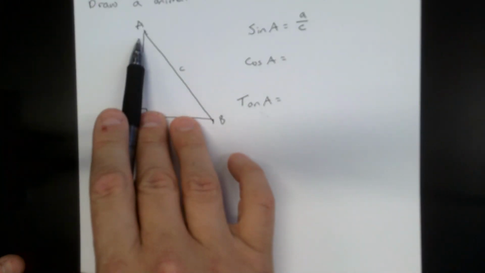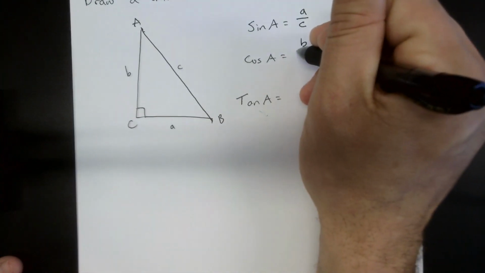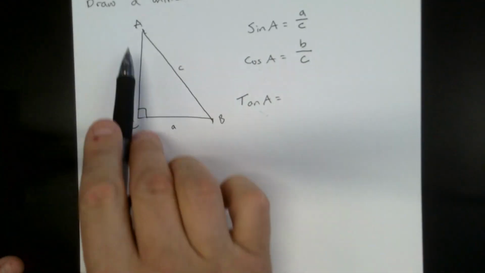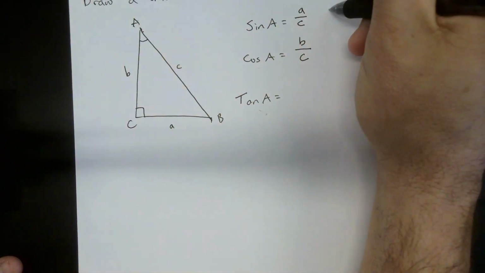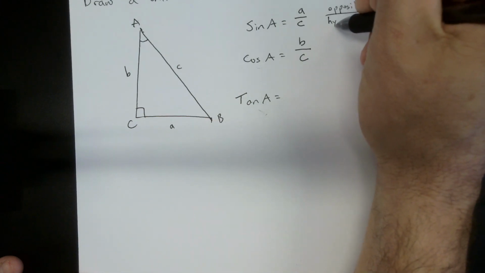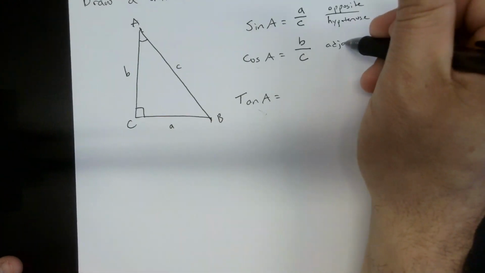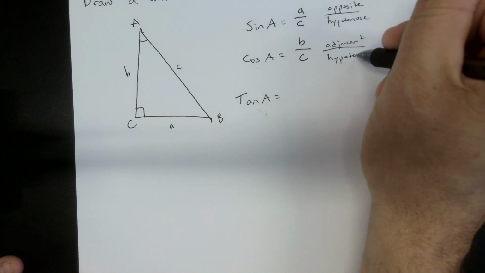Cosine of angle A is adjacent over hypotenuse. Right now we're just looking at angle A. Cosine, if you want to remember this, we have opposite over hypotenuse and adjacent over hypotenuse.